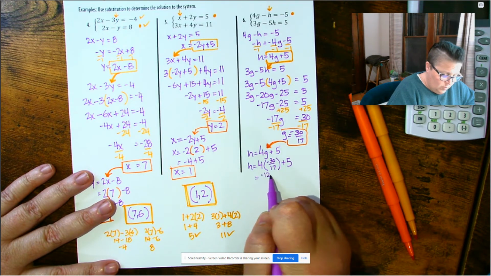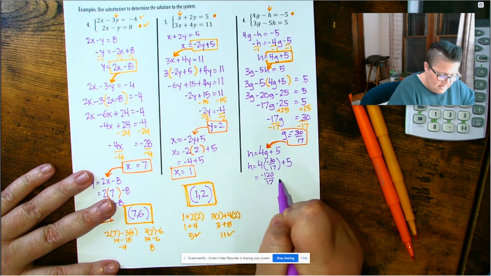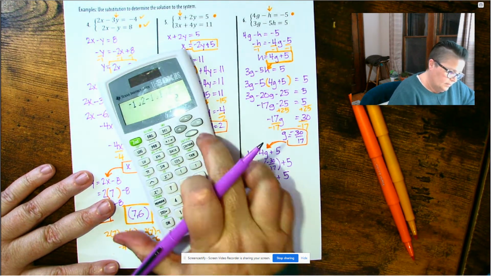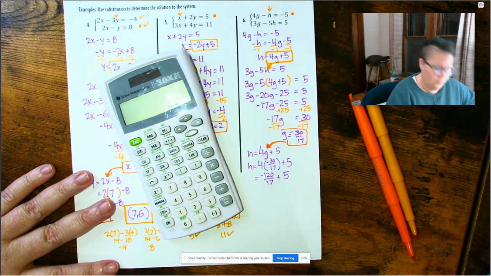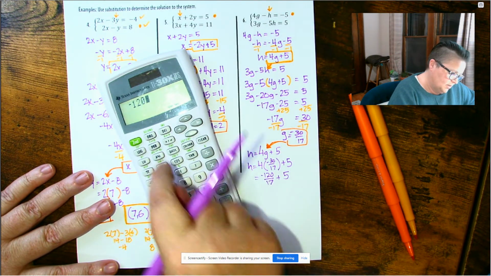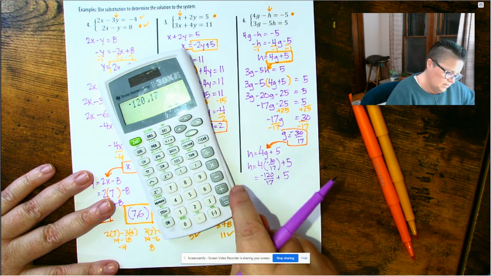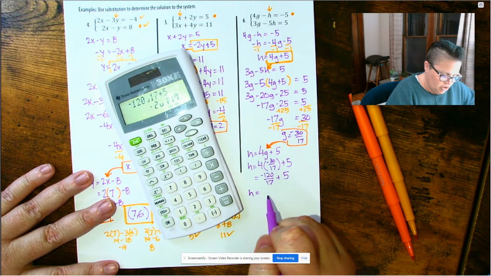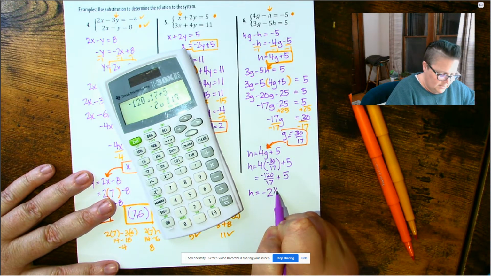That's going to be a negative 120 over 17 plus 5. When you're not sure, you pull out your fraction button. So negative 120 over 17 plus 5, and I get h is a negative 2 and 1/17.